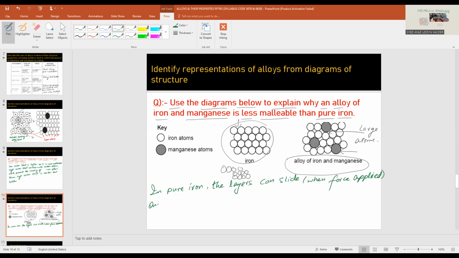And in alloy, the larger Mn atoms stop the layers from sliding.